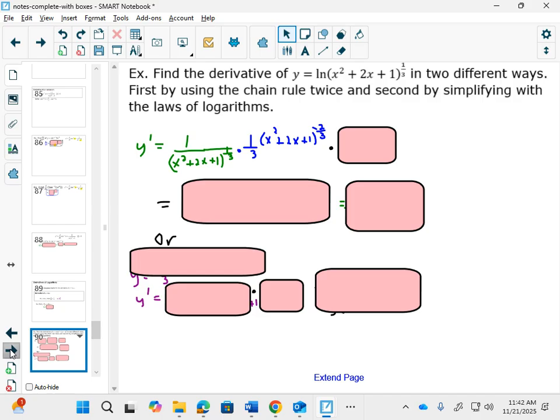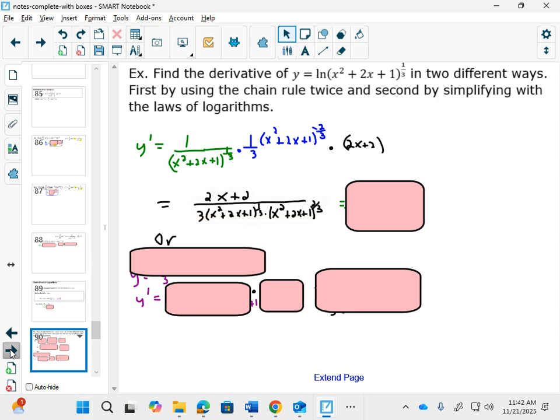And now the derivative of the inside is just 2x plus 2. Now, if you wanted to, we could do some simplification here. These have the same base. You could add those exponents together. But you wouldn't have to simplify. You could leave it as the first line.